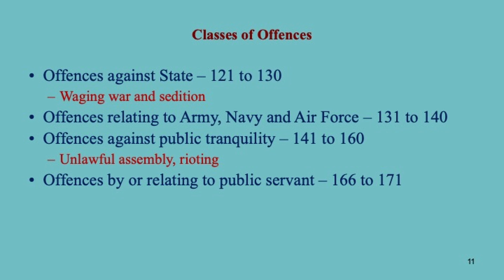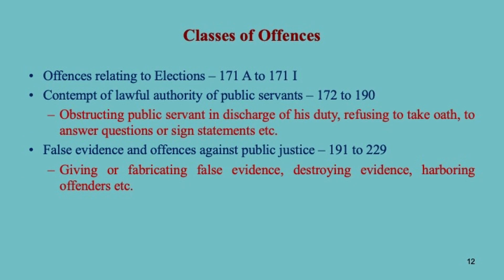Sections 161 to 165A, which dealt with corruption by public servants, have been repealed and included in the Prevention of Corruption Act. Chapter 9A, consisting of sections 171A to 171I, deals with offences relating to elections, which include bribery, undue influence, and personation at elections.